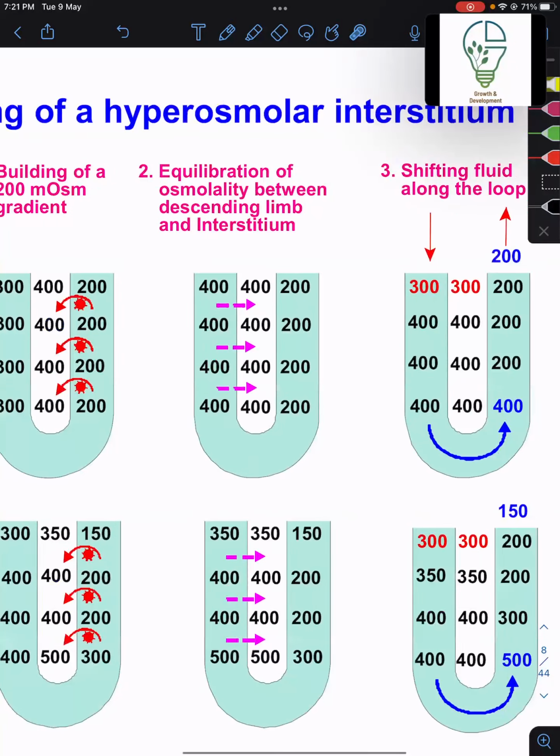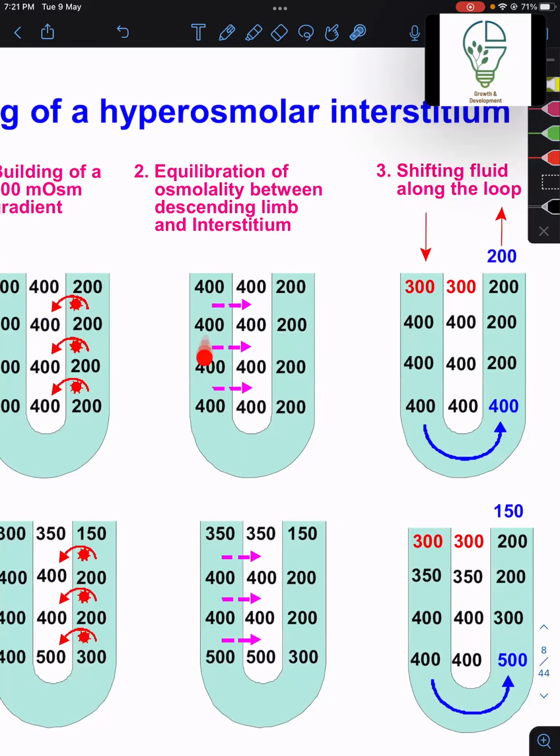The second step that's going to happen is that, remember, I told you my descending loop of Henle is only permeable to water, right? So these pink arrows that you see are indicating water that is leaving from my tubules into my interstitium, right?